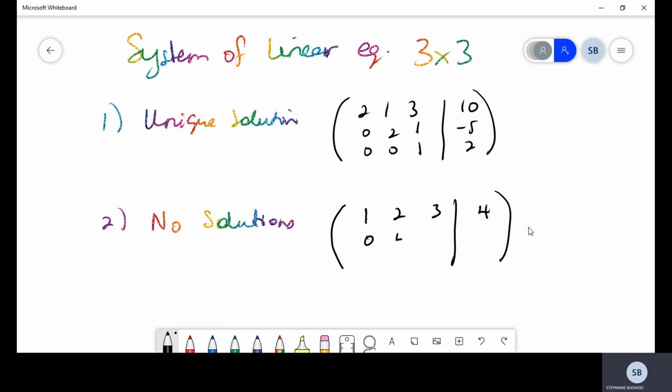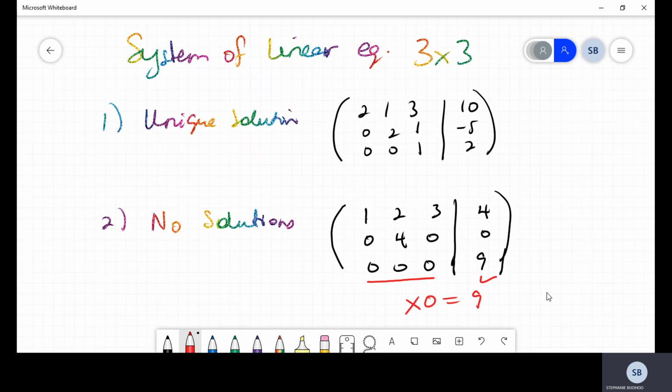Then you get 0, 4, 0, 0. And then finally, right. So there are always no solutions when you encounter the case where one side of your augmented matrix is all zeros and the other side has a value. Remember, 0 can never be equal to 9. That's just not correct. So therefore, there will be no solutions in a situation like this.